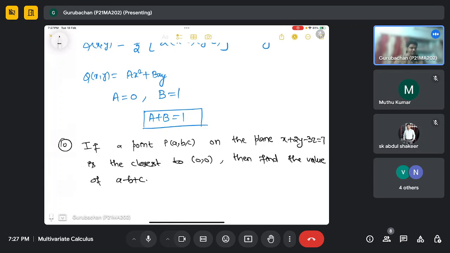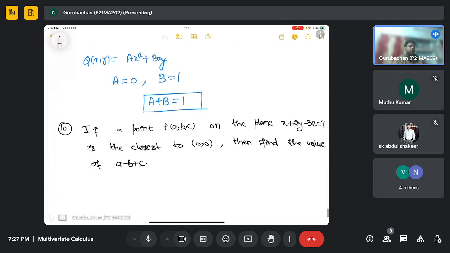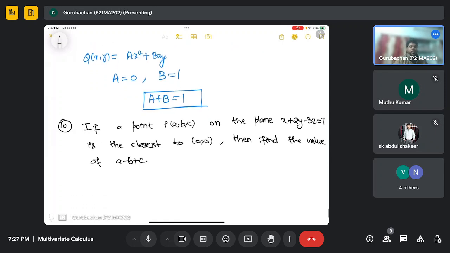So we have been given a plane, subject to a constraint, and we have to calculate this distance, and we know that this point has minimum distance from the origin, so it will be 0, 0, 0. Okay, right.